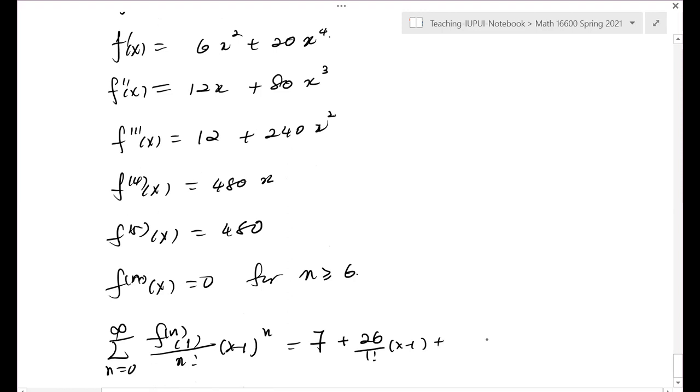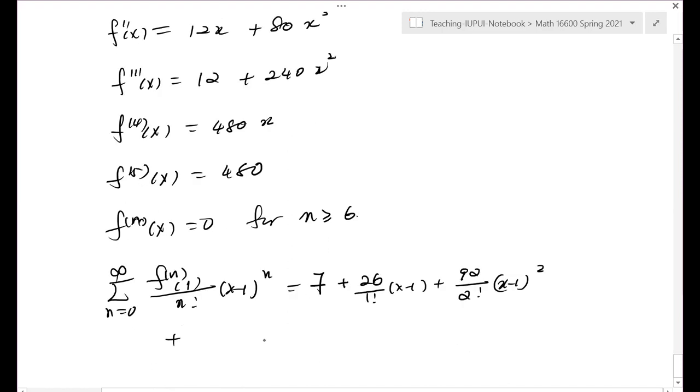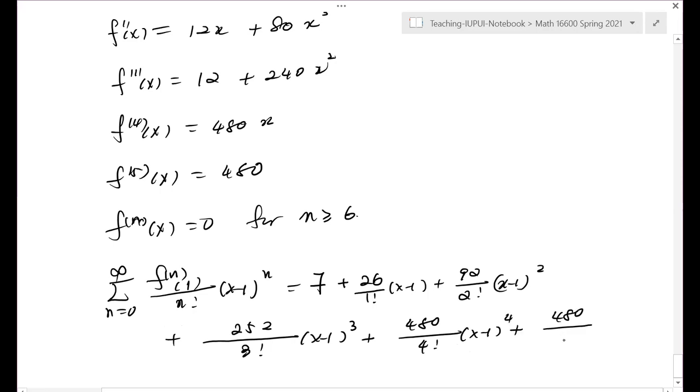The second derivative gives 12 plus 80, 92, divided by 2 factorial, times x minus 1 squared. The third one, 240 plus 12, 252, over 3 factorial, times x minus 1 cubed. Then 480 divided by 4 factorial times x minus 1 to the fourth power. And 480 divided by 5 factorial times x minus 1 to the fifth.